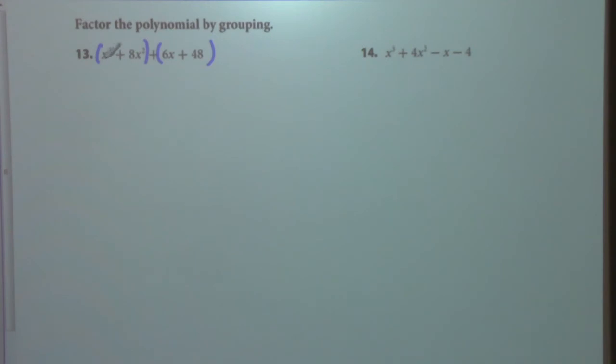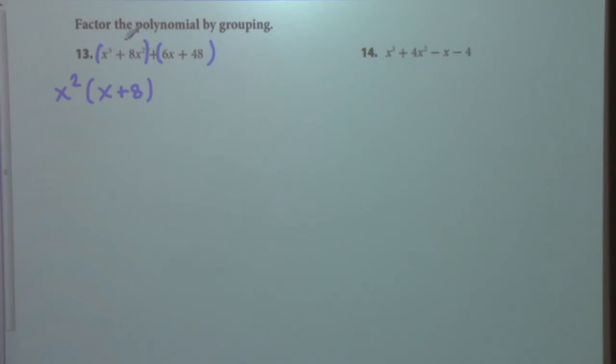X squared. So we're going to have x squared times what? X plus 8. Okay? So we have x squared times x plus 8. Can you see that that's a factoring of the first two in this group? Yes. You can see that.